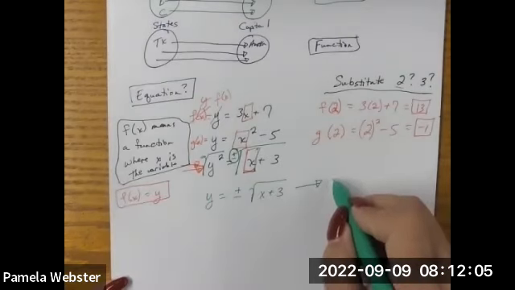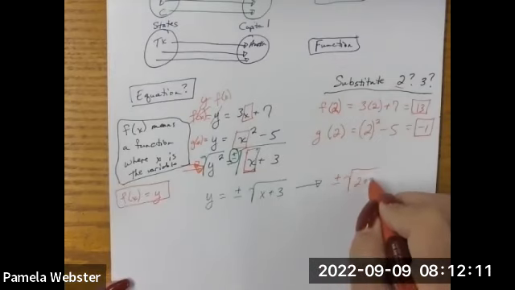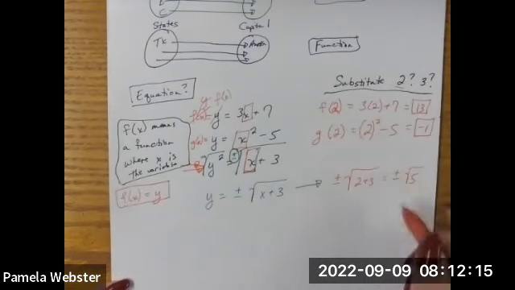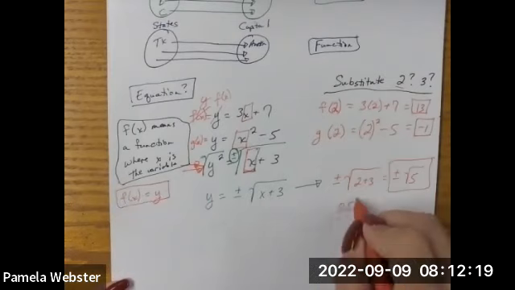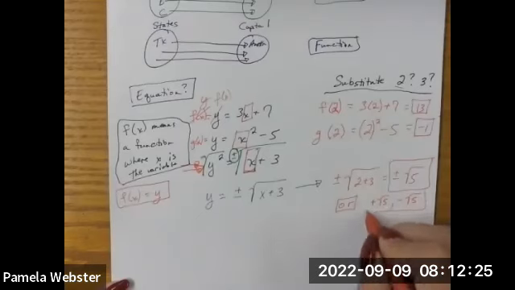When I put in, let me go back to red just so it's the same, plus or minus the square root of 2 plus 3, I get plus or minus the square root of 5. And that is 2 answers. So if you're not sure, that is a positive square root of 5 and a negative square root of 5. You can split them up so you can see that's actually 2 answers.